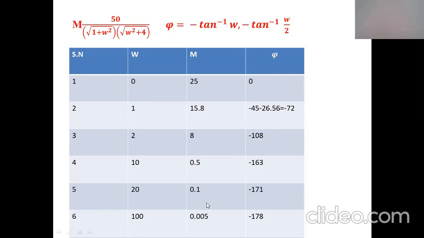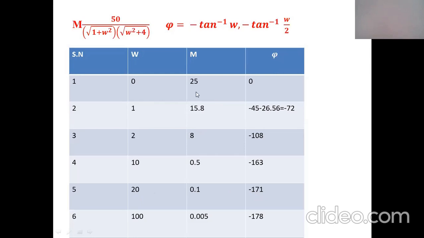You should be able to get a magnitude of 0.1. And also, if you do the same here, negative tan inverse of 20 plus negative tan inverse of 20 divided by 2, that is 10, you should be able to get negative 171. So I believe I've shown you how you can fill this table here.